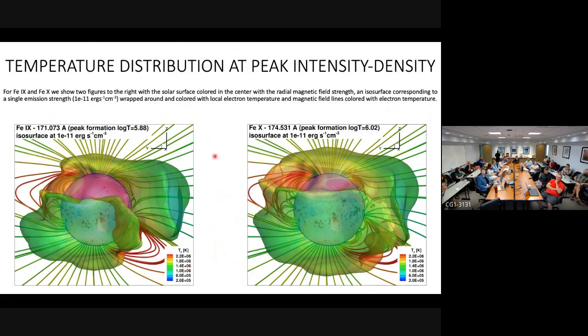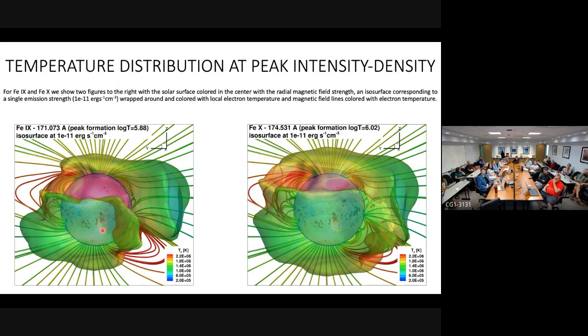The peak formation temperature covers most, so here is the peak formation temperature, but you can see that from 1 to 2 million Kelvin, the same amount of emission is coming from all over this isosurface area. So I would be very careful to associate line observations with one temperature.